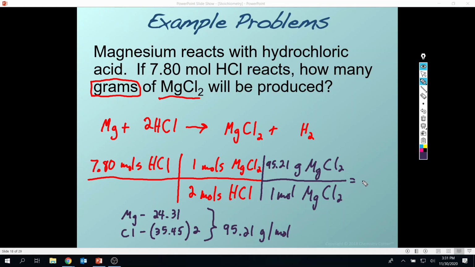371.32. All right. What'd you say? 371.32 grams per mole. Well, what's left? I got this. Grams of magnesium chloride. All right. We're so close here. Yeah, it is.